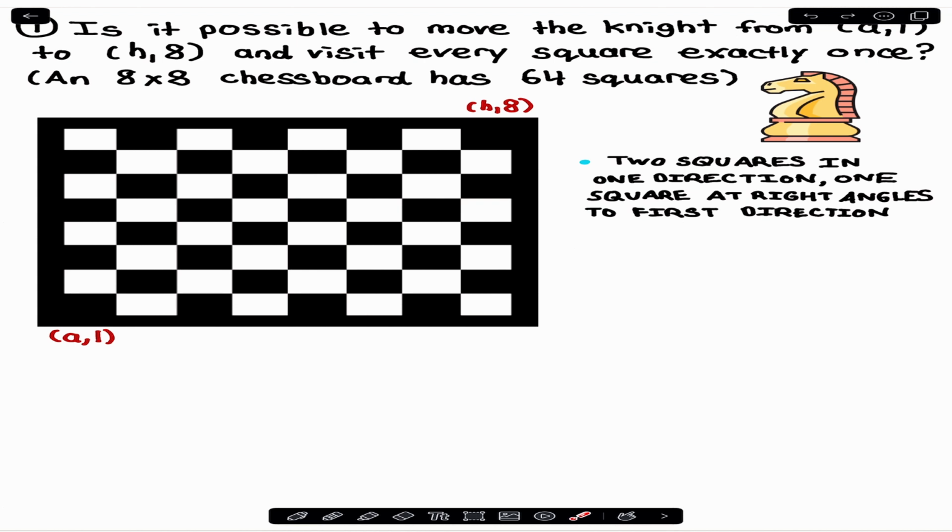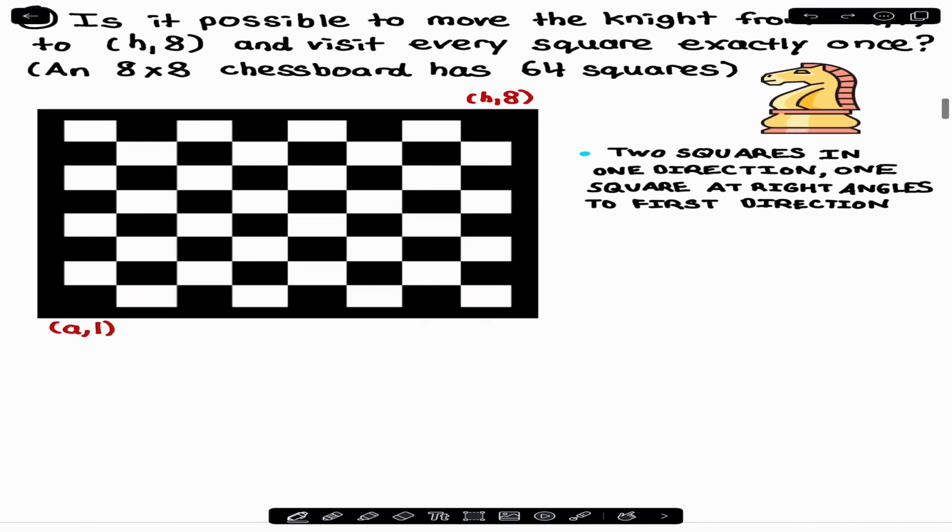I'm going to guess that after playing around with this problem for a bit, you were probably not successful. So in other words, you could not do what the problem asked you to. You could not go from here to here with the knight and visit every square exactly once. But how can I be so confident about that?